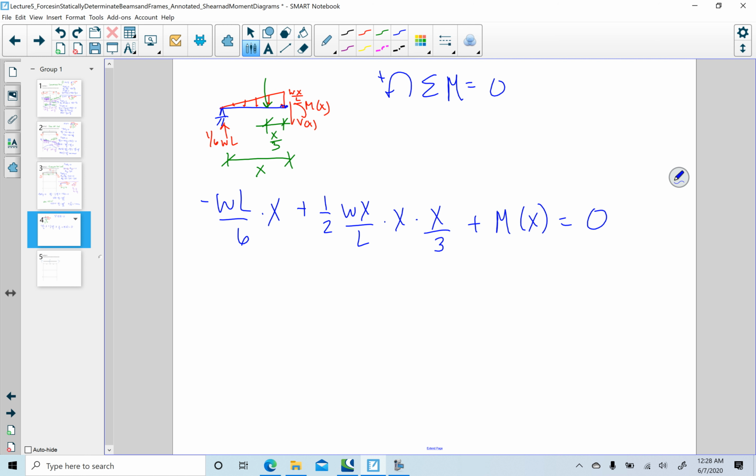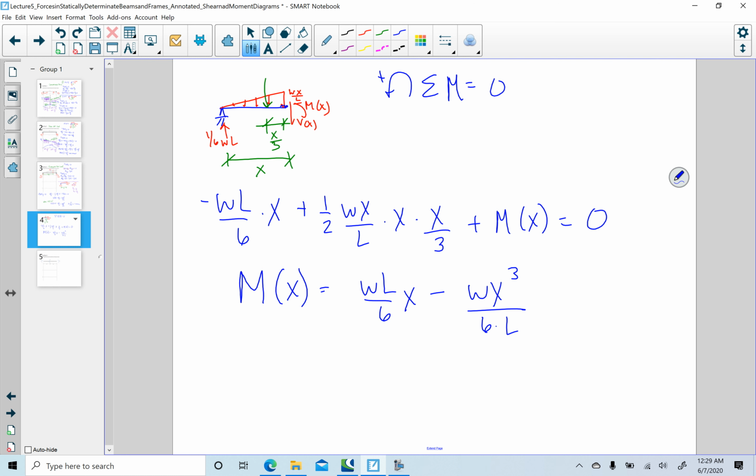So if I solve for the moment, I get WL over 6 times X minus WX cubed over 6 times L, right? 1/3 times 2/3, I get 6.